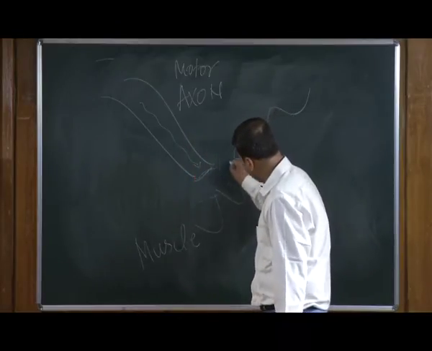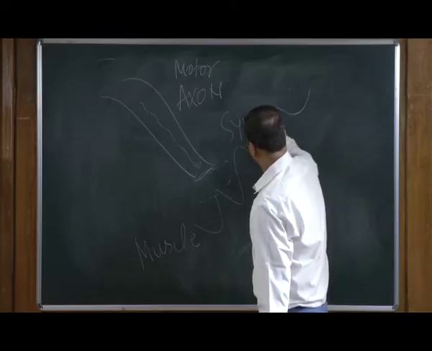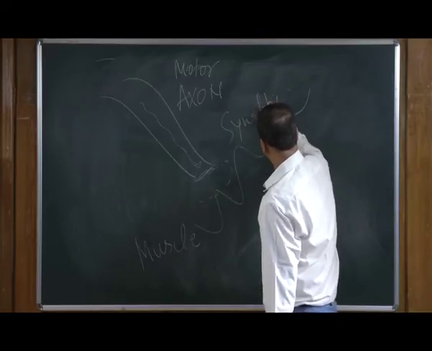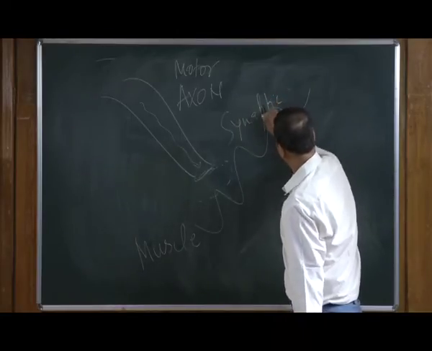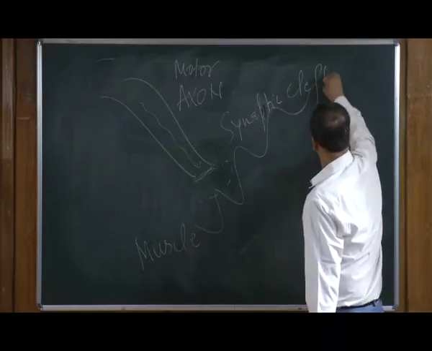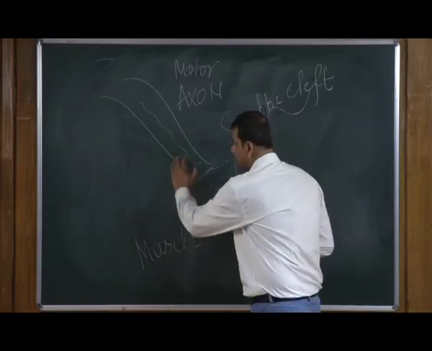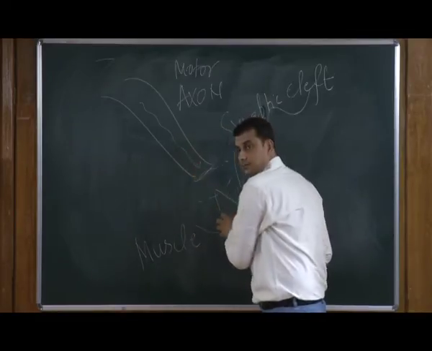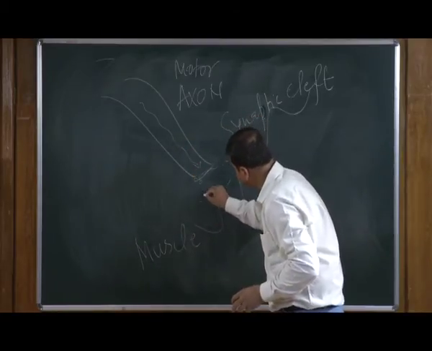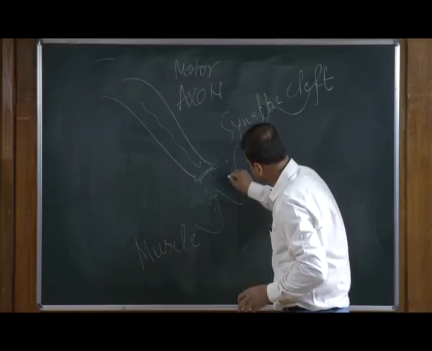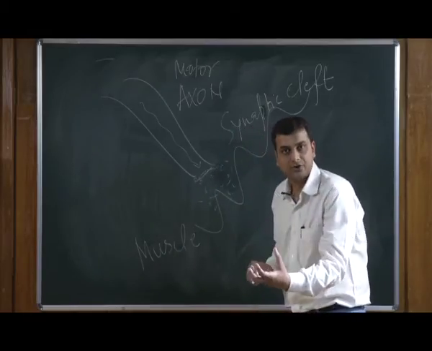Synaptic cleft. So, what is happening here is that some chemicals are coming into this area, and those chemicals, as we discussed in the last class, are called neurotransmitters.